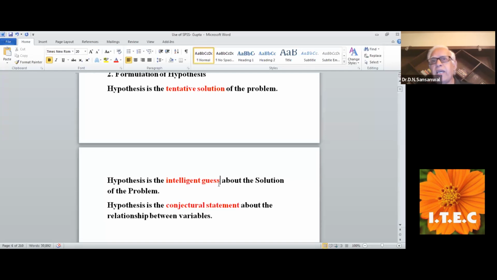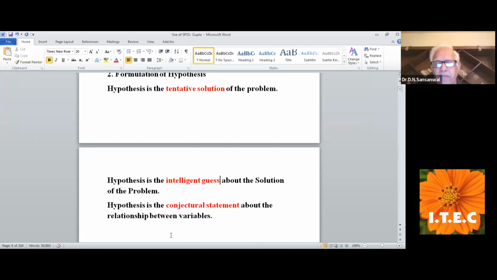Now this you are able to do because you have the last 4-5 years' question papers. If that would not have been there, then it would not have been possible for you to do the intelligent guess. Intelligent means there has to be a base. Guess means without a base.